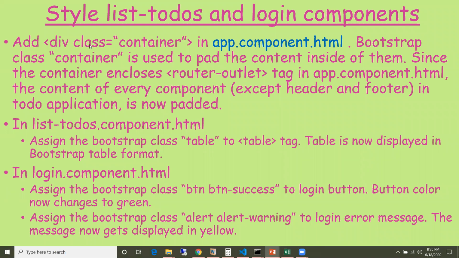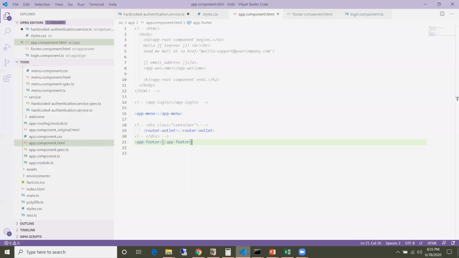So let us add div class is equal to container in app component.html. And that will add padding to each and every page. So if I go to app component.html, this is one HTML tag that I'm adding that also includes Bootstrap.